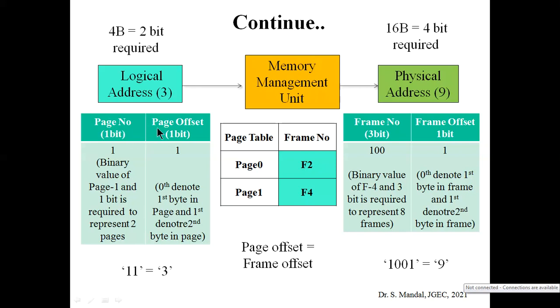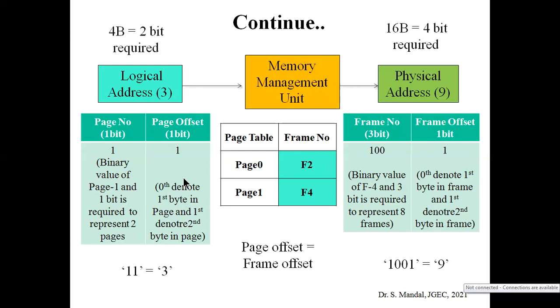Again, I am discussing how page number and page offset are allocated. The binary value of page 1 is 1, as there are two pages, page 0 and page 1. Page 0 is denoted by 0, and page 1 is indicated by 1.